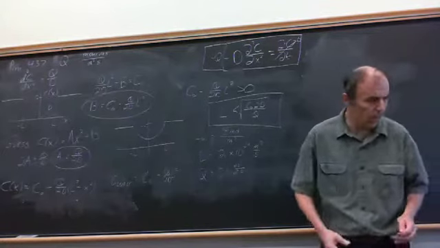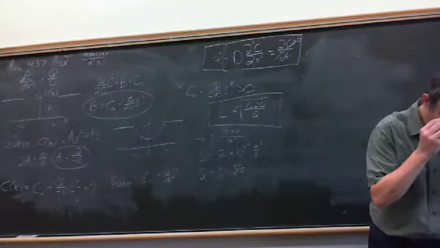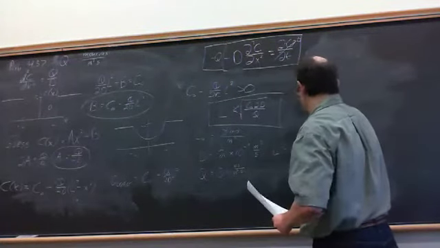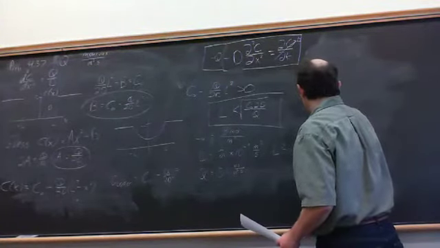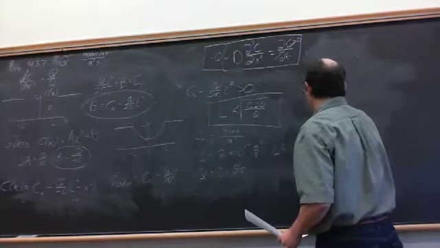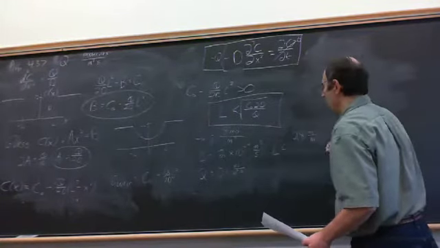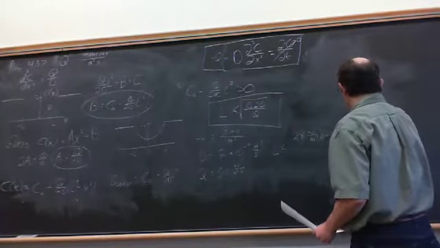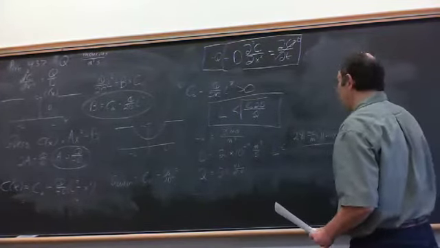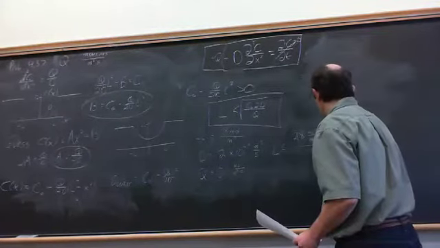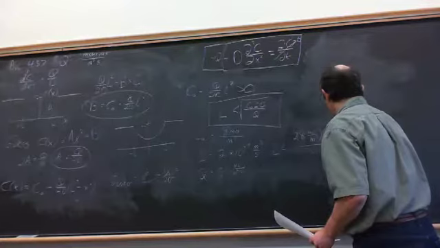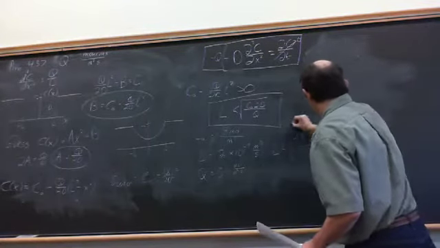So if we put all these numbers in, you're going to get L has to be less than 8 moles per meter cubed, times 2, times D, which is 2 times 10 to the minus 9 meters squared per second, divided by 0.1 mole per meter cubed second, all under the square root.